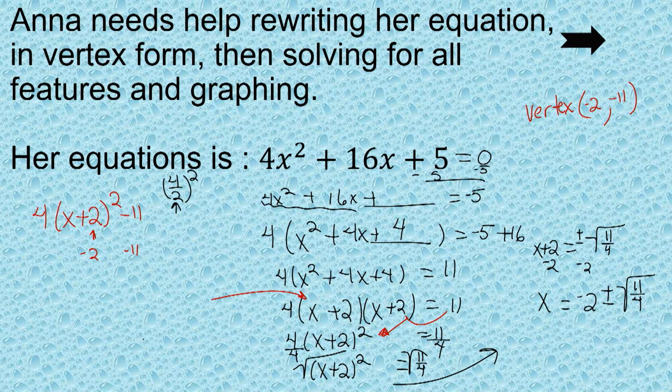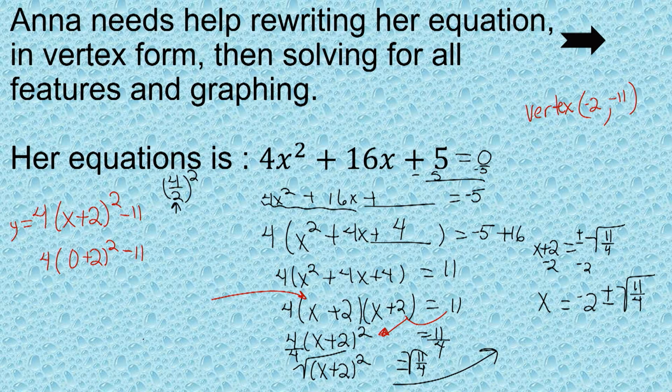Awesome. Now I need to find that y-intercept. Still going to take this same formula right here. I'm solving for my y-intercept, so that means my x is going to be 0. So I have 4 times 0 plus 2 squared minus 11.